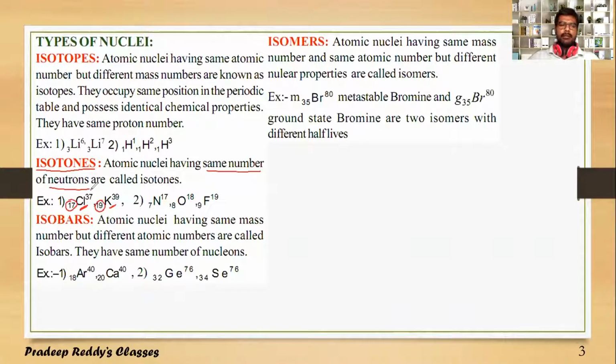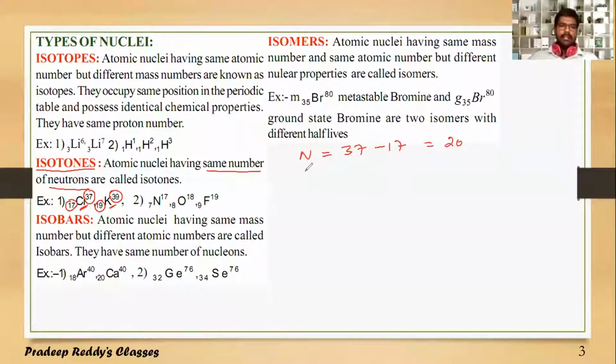These are different atomic numbers and different mass numbers. If you calculate the number of neutrons, in the first case it is 37 minus 17, which is equal to 20.